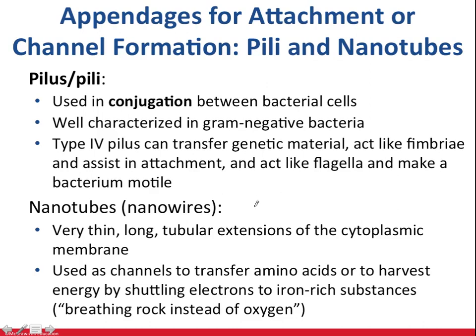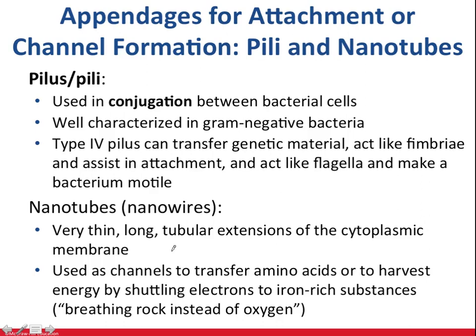Nanotubes, also called nanowires, are thin, long, hollow tubes, extensions of the cytoplasmic membrane. Bacteria can use the nanotubes to link their cytoplasm together, so they can exchange some materials in their cytoplasm.